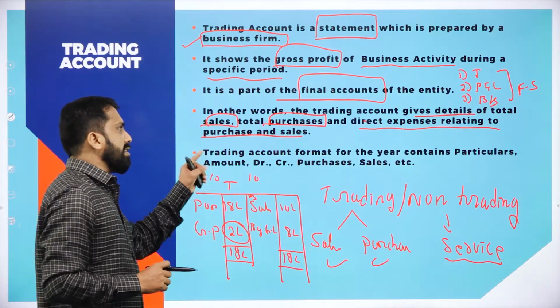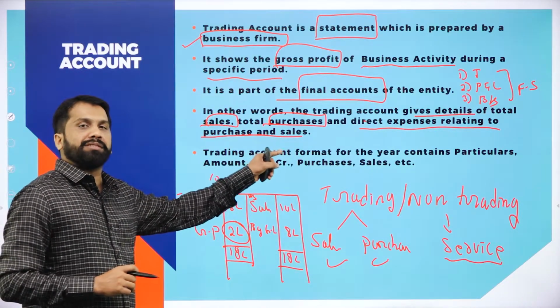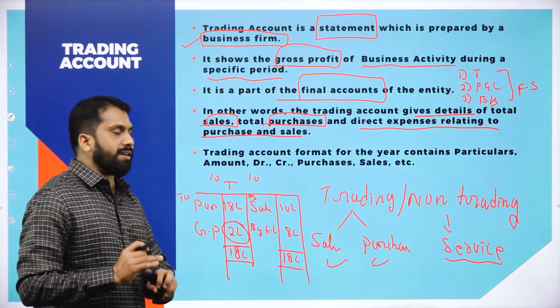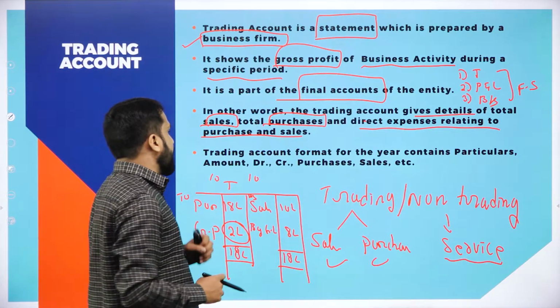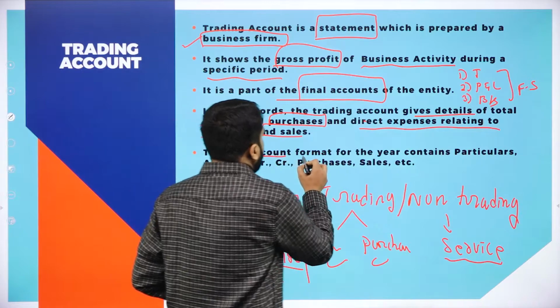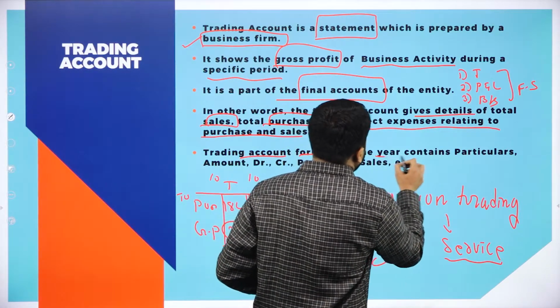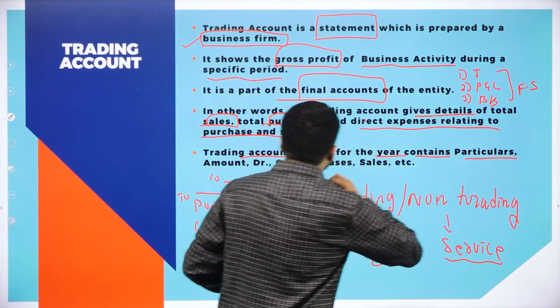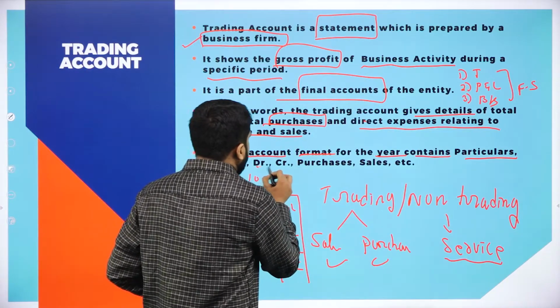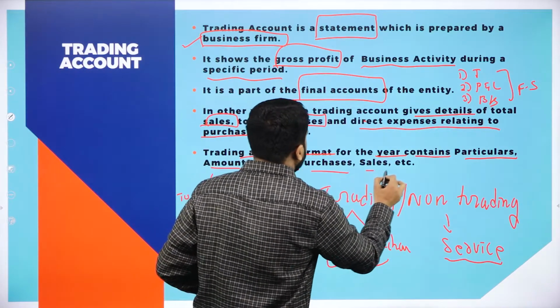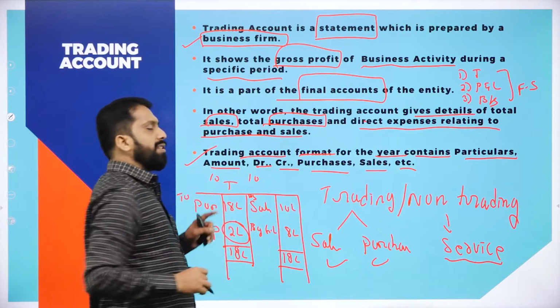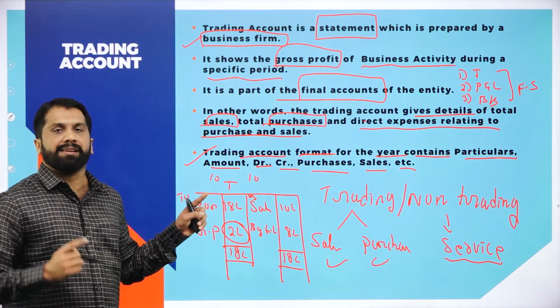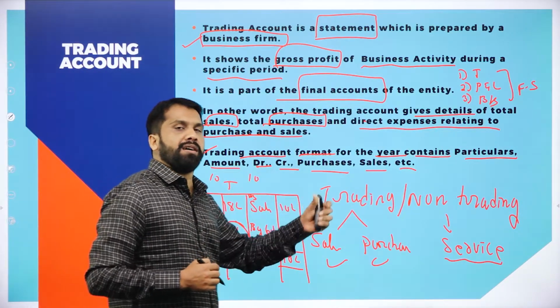So we will consider everything which is related to trading account. Next and the last thing, trading account format for the year contains particulars, amount, debtor, creditor, purchase, sales, etc. This we will learn in the next slide, because this is nothing but your format.